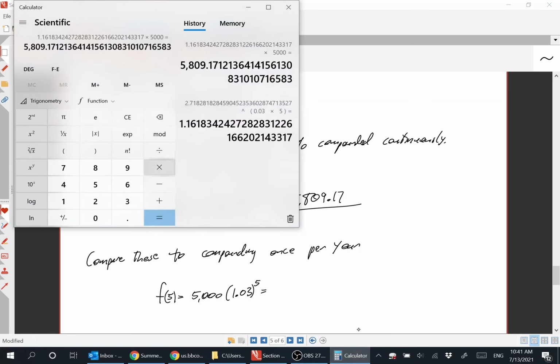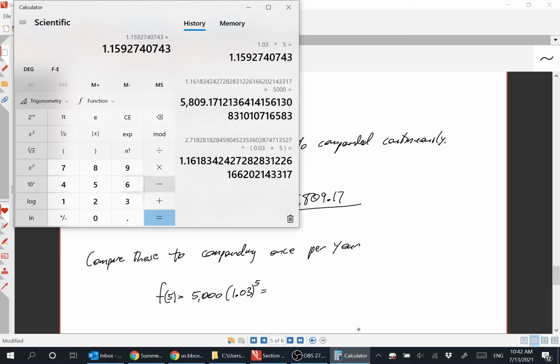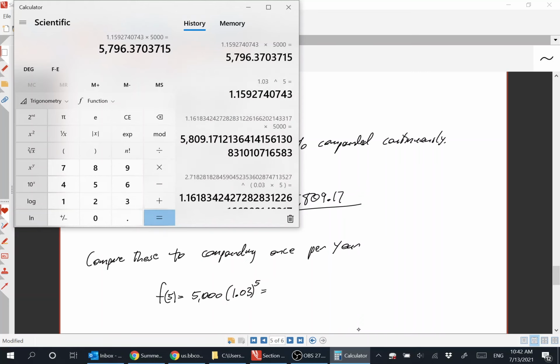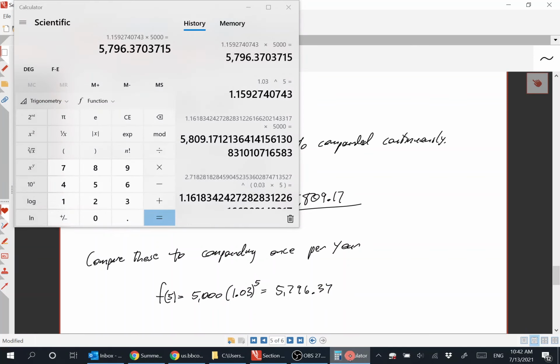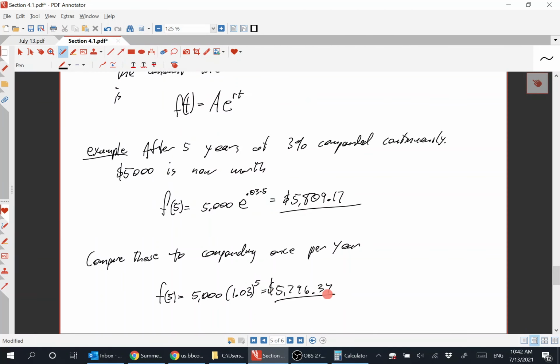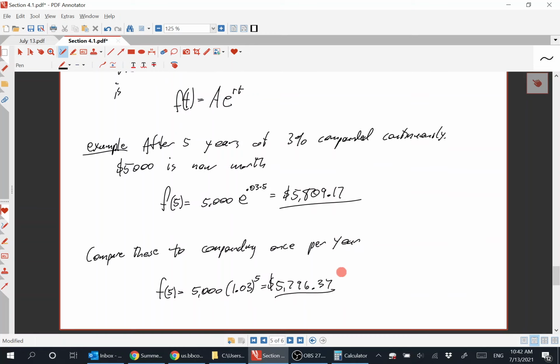So 1.03 to the exponent 5 is this times 5,000. So $5,796 and 37 cents, was it? Yeah. Right, so compounding once per year, 5,796.